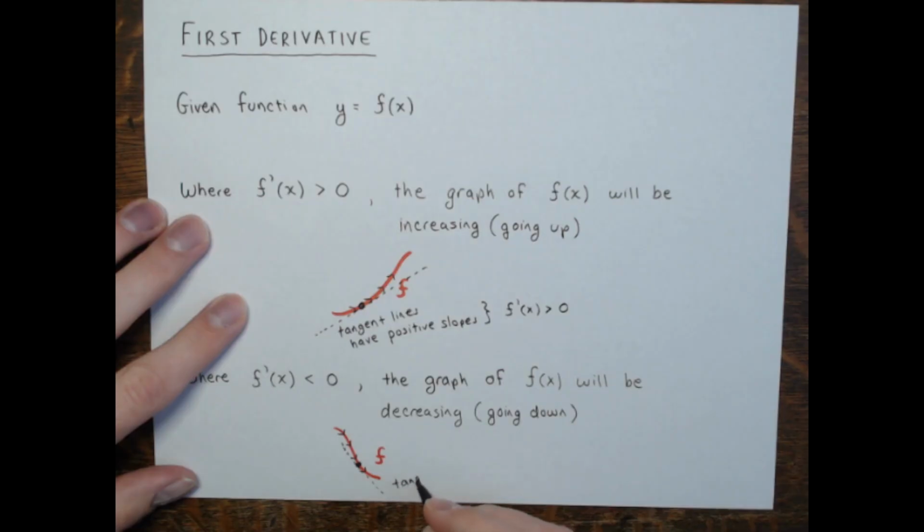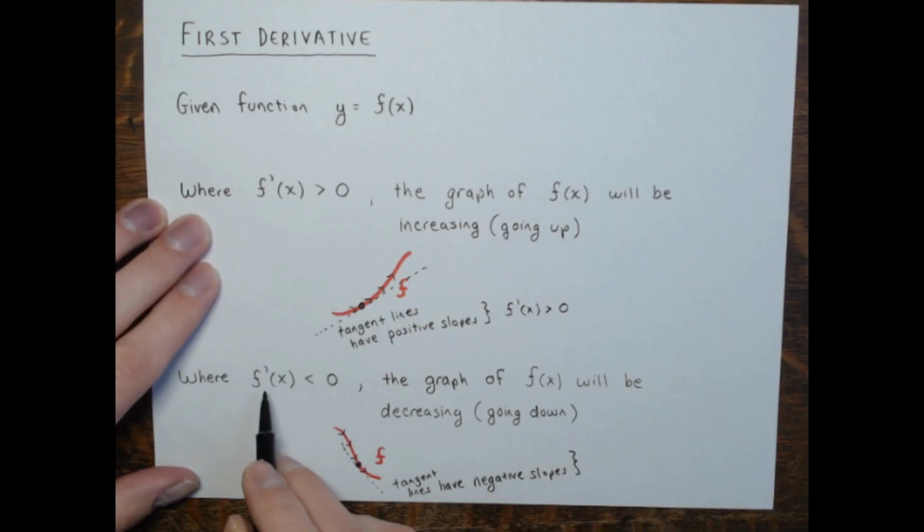So again, a way to say this would be tangent lines on pieces of curve like this have negative slopes, which means the same thing as we stated up here.